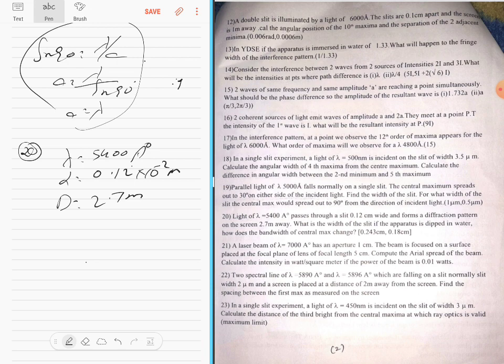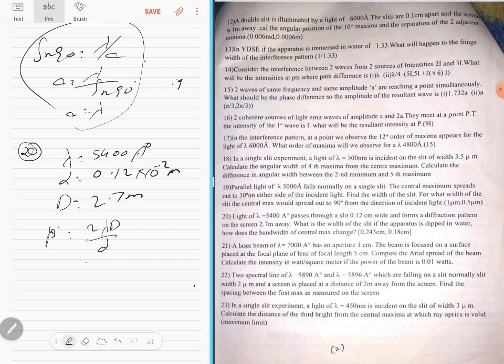Wavelength is going to decrease when it is going into a denser medium. So when wavelength decreases, the bandwidth also decreases. That much we know. Again, this sum, I feel the question is incomplete because they have not given anything. The central maxima bandwidth is 2 times lambda into capital D by small d.